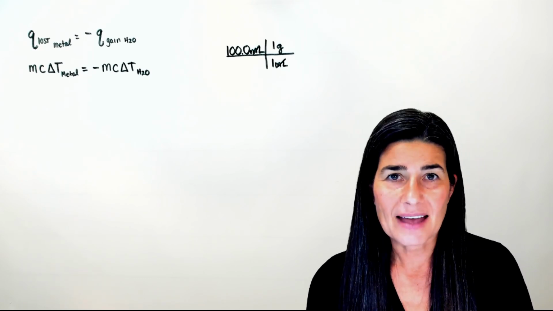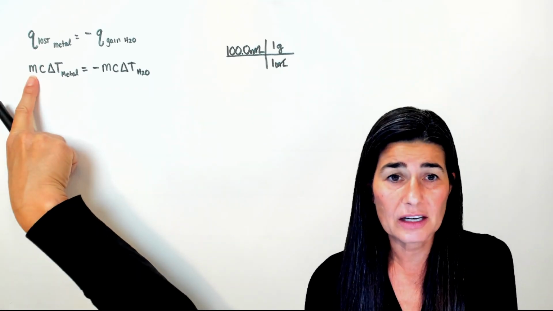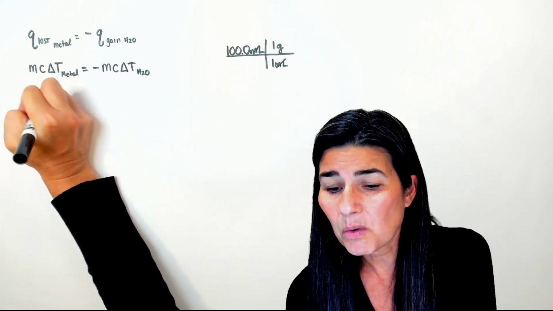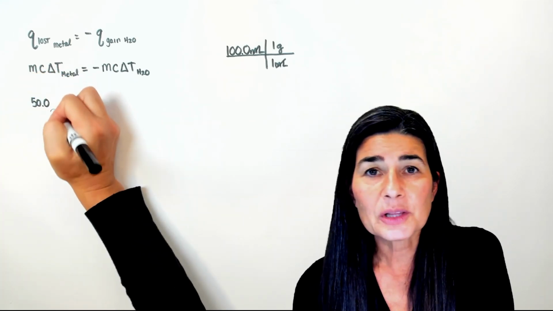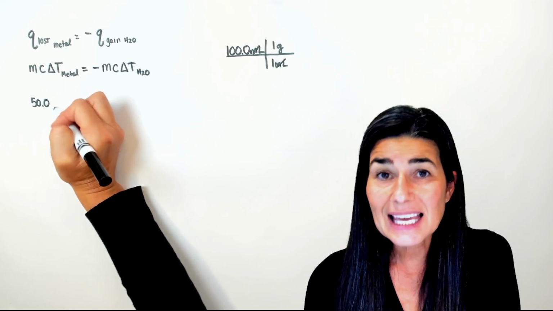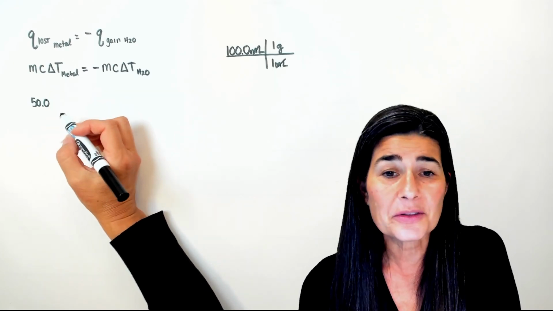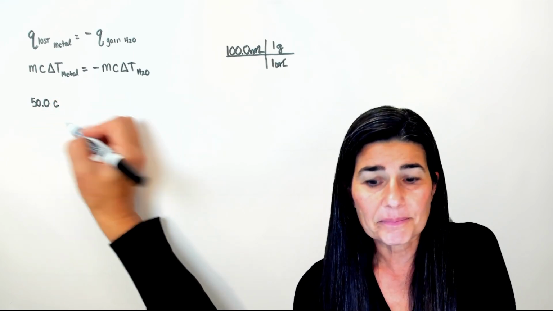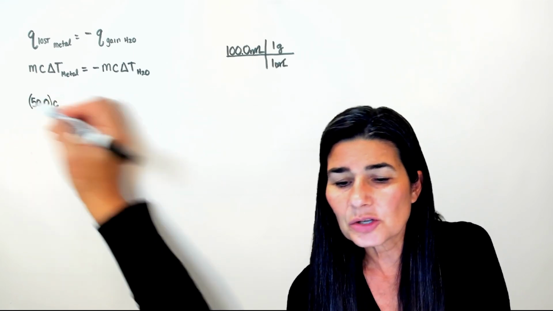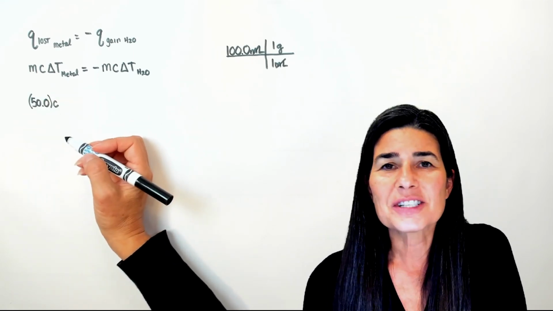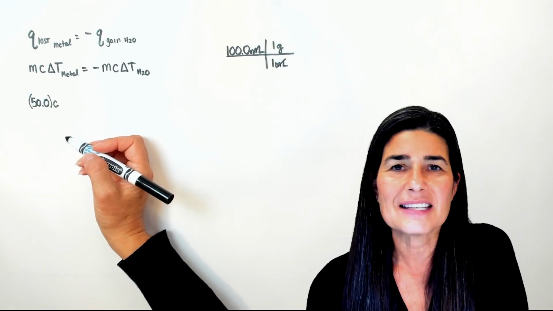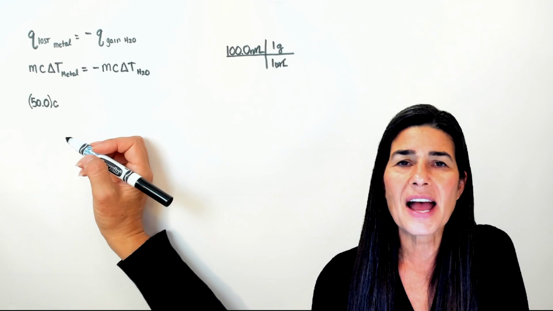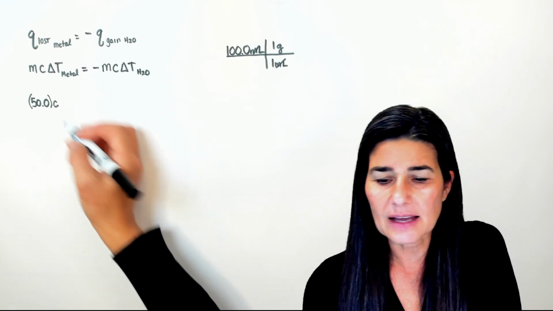Okay, let's go ahead and plug in our data. We have the mass of the metal over here. The mass of the metal was 50 grams, 50.0. I'm looking for the specific heat of the metal. That's the variable that I want, so we're just going to leave this as C. Now, temperature change of the metal. Your temperature change is always final minus initial, and it's really important to keep track of your positive and negative signs.